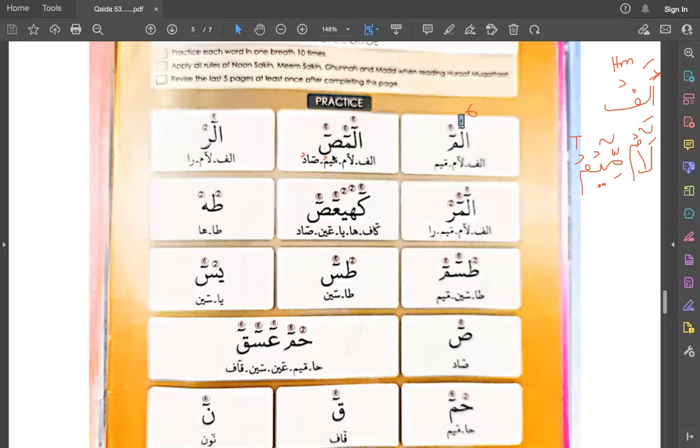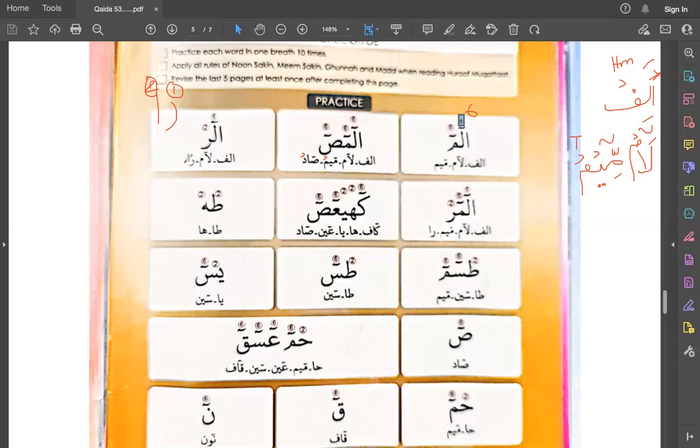And any letter which has 2 letters in it, just like ra, if you want to write the ra, how will you write it? You will write it like this. Ra is 1 letter, and the second one is alif. So there are 2 letters. When there are 2 letters in any letter, then it will be 2 counts long.